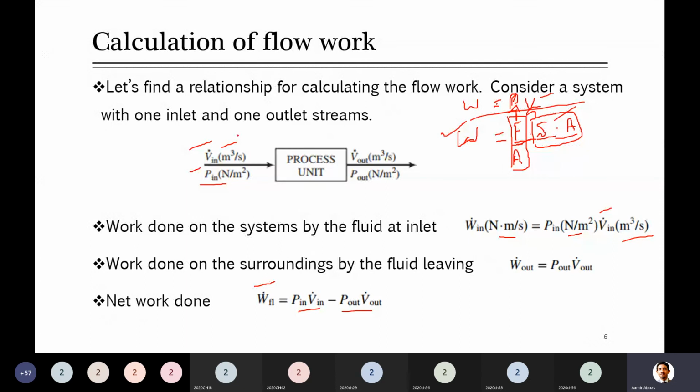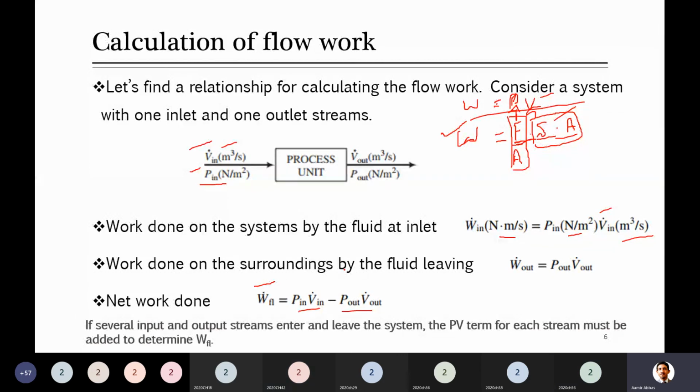If work is only done on the system, then the second term will be omitted. If work is only done by the system, then the first term will be omitted. If both are involved, because in this specific example work is being done on the system as well as by the system, I have mentioned both of these here. Clear?